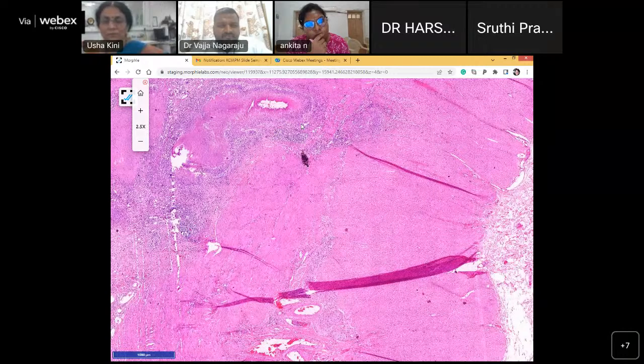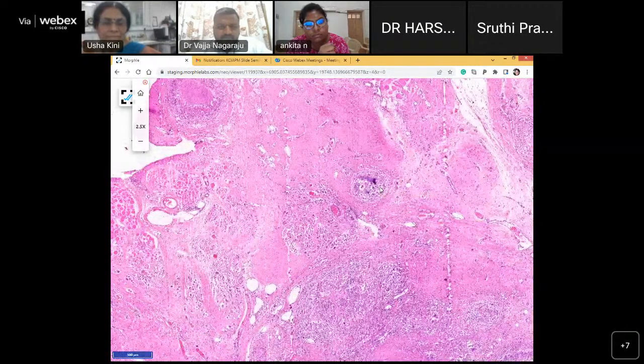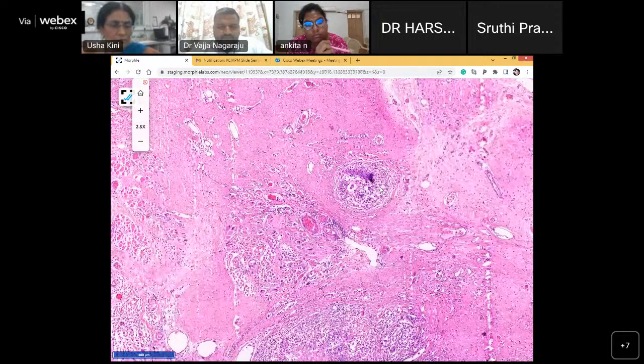There is one more. So you find there are two types of granuloma. One of this type and the other of this type, which is on the serosa. If I go closer, you have nice giant cells. See, a lot of them scattered all over.